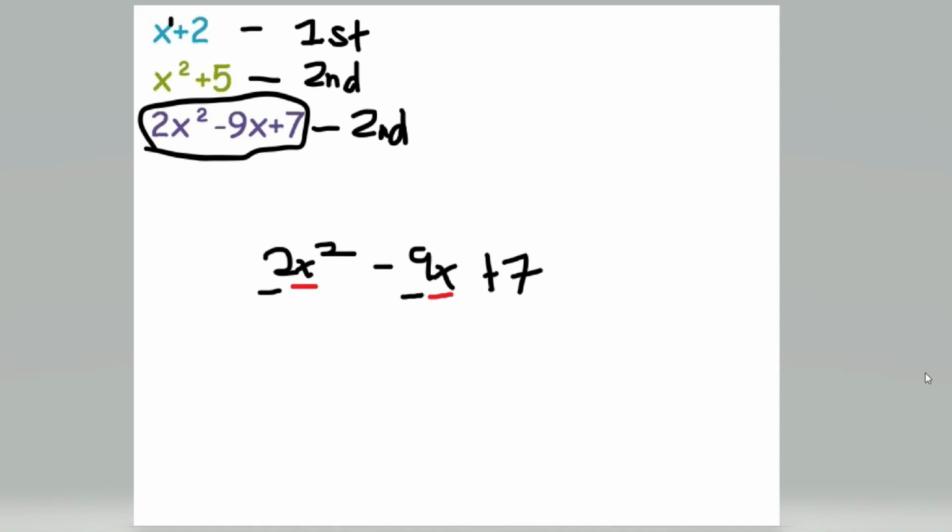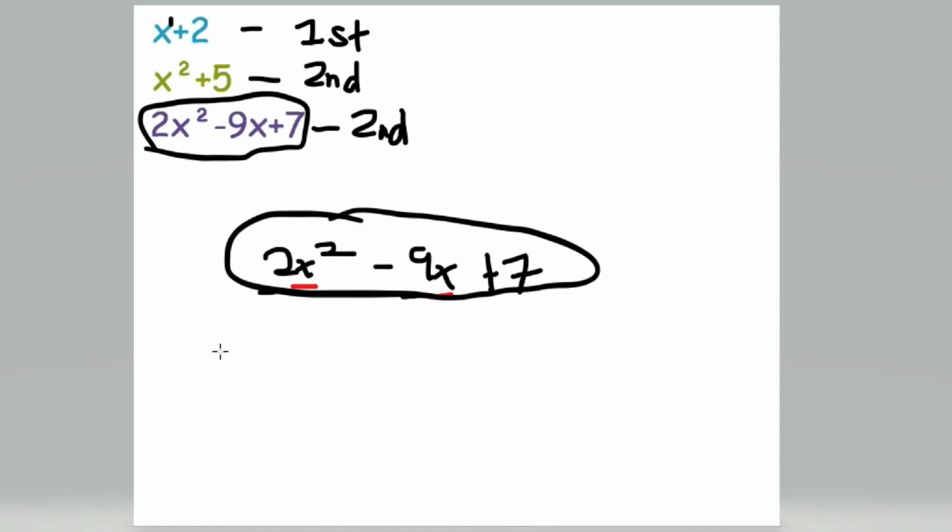And another type of explanation pala, etong term na to, buong term na to, ay pwede ma-explain or pwede siya i-represent as 2 times x squared minus 9 times x plus 7.